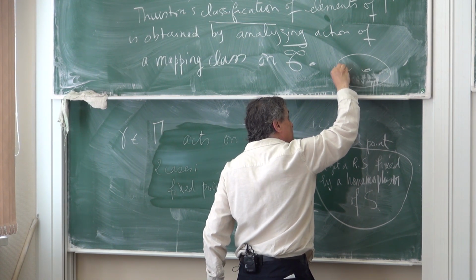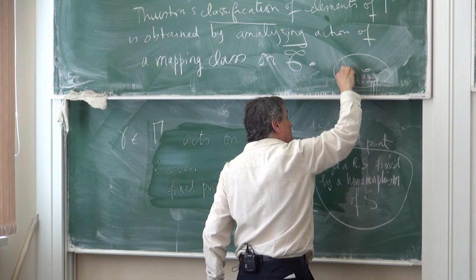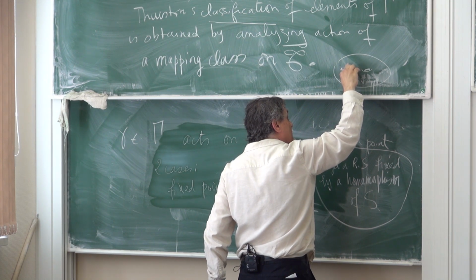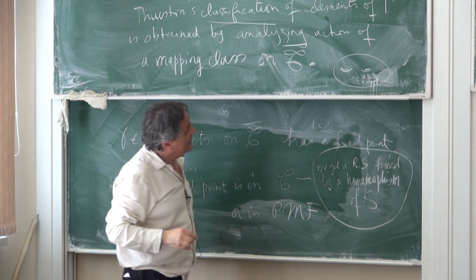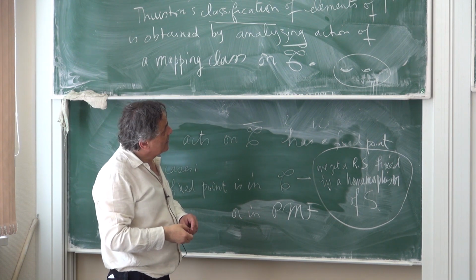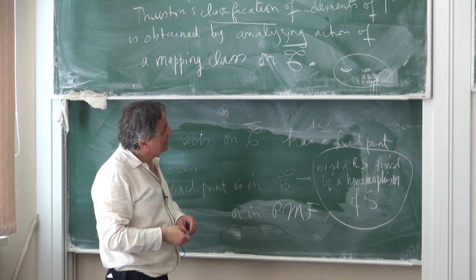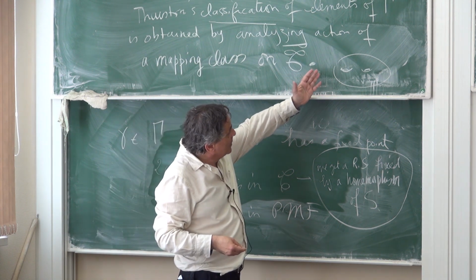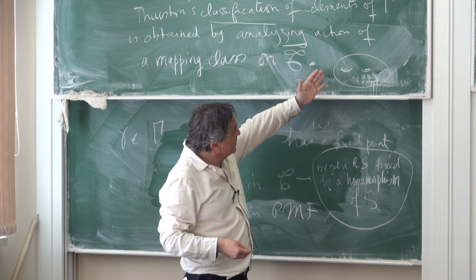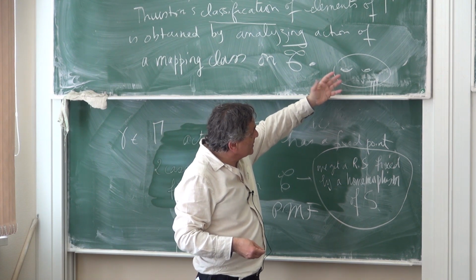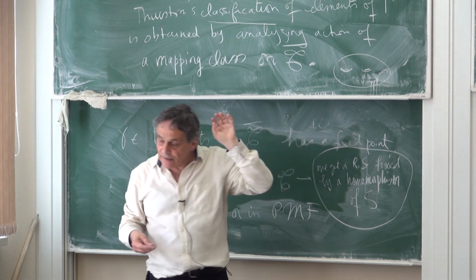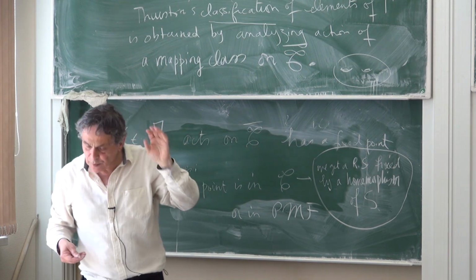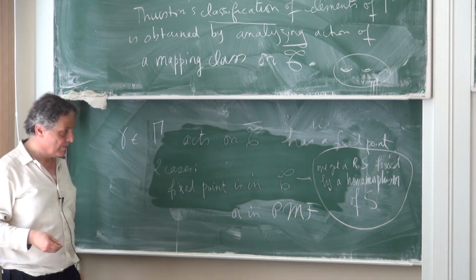If I have a homeomorphism homotopic to the identity which sends a complex structure to itself, then this homeomorphism is the identity.